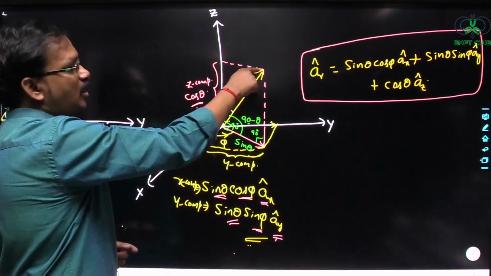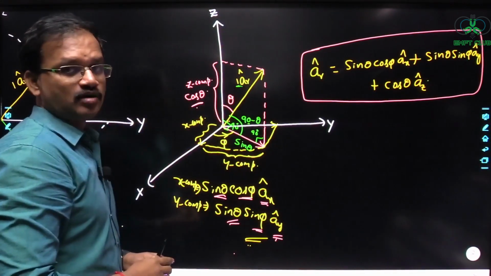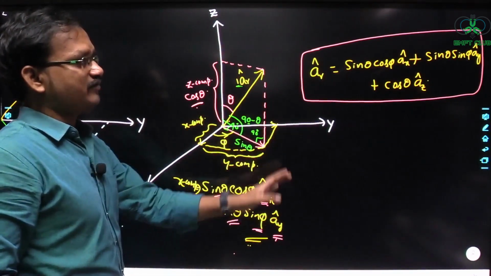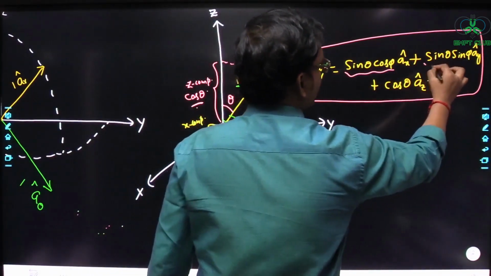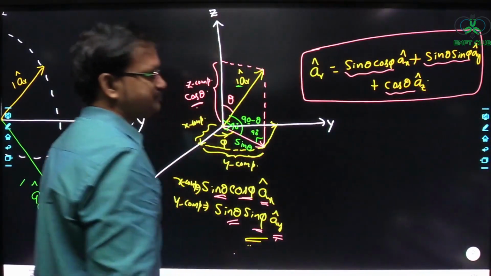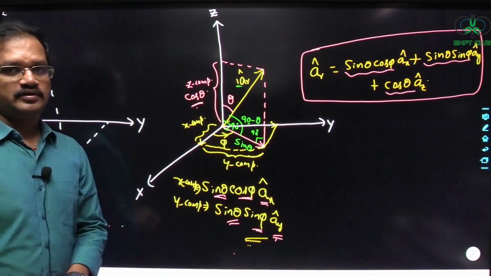And if you drop your normal from the head of AR cap onto the z axis, we got the z component, which is cos theta. So this is the expression for AR cap.